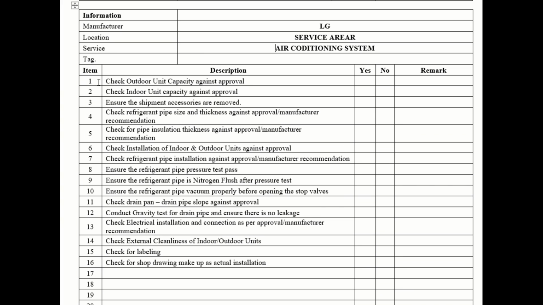And for the FCU system, we have many points to check, like the outdoor unit capacity, action approval, and the indoor unit capacity, action approval, and we check everything I remove before we do TNC. So all these points, checks and so on are required for the inspection.